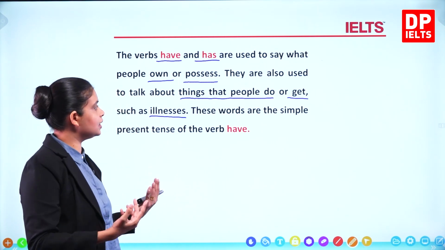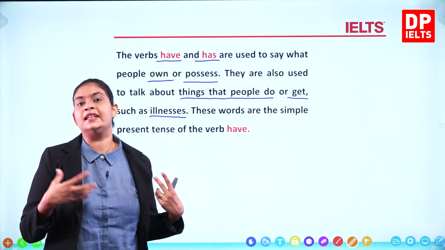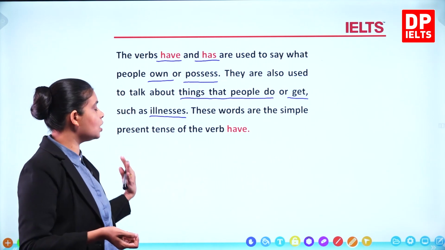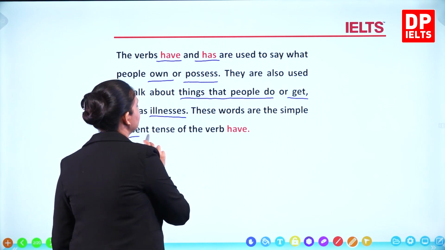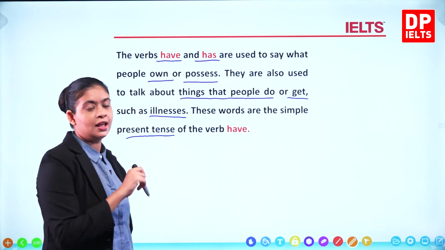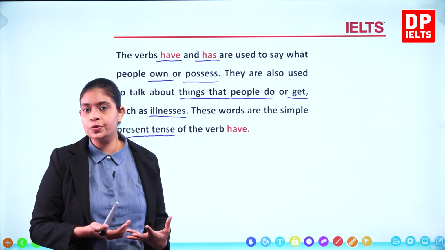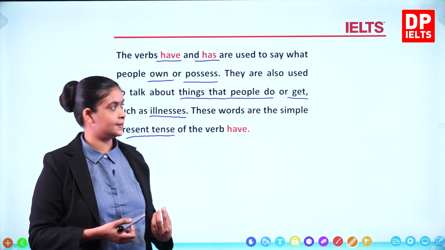So those are things that we get, okay, such as like an illness. So these words are usually used in the present tense, right? That's why we say that these words are also used in the present perfect tense.